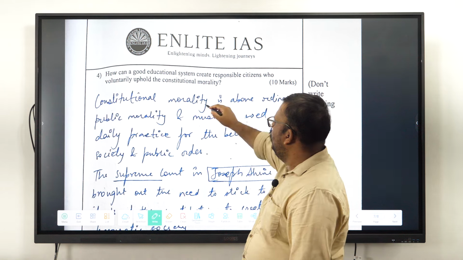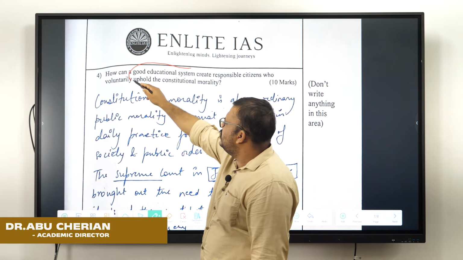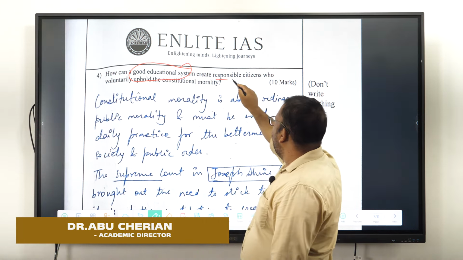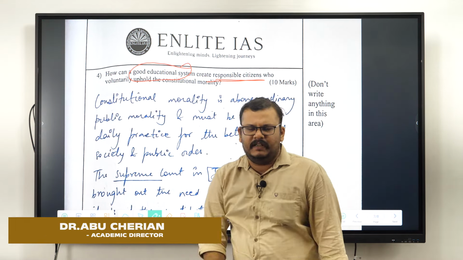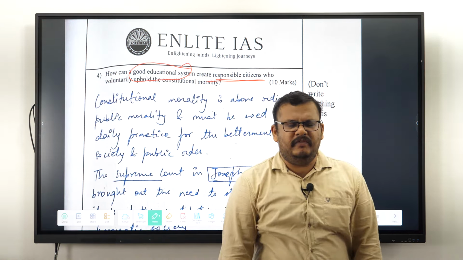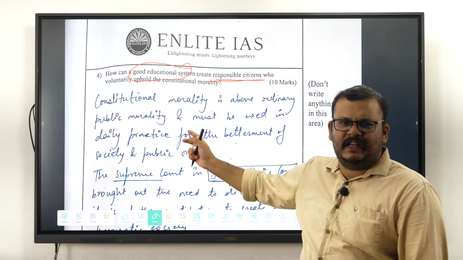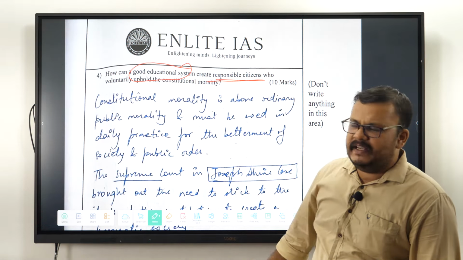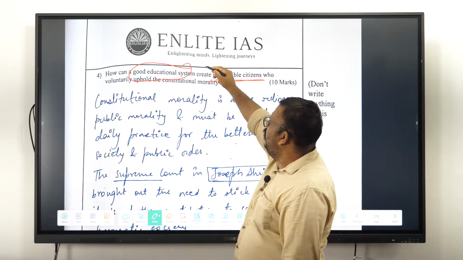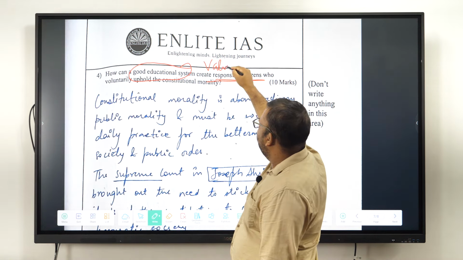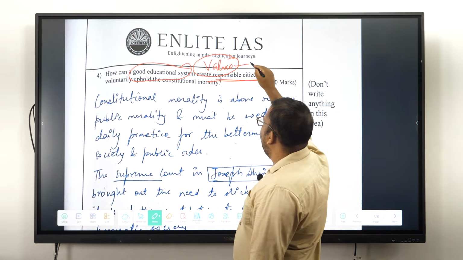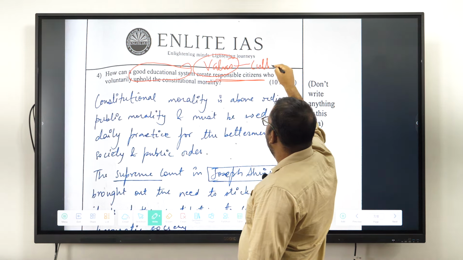the third one, it is about how educational systems can create responsible citizens. So you all know, for every individual, this question basically wants you to analyze how values can be inculcated or cultivated.